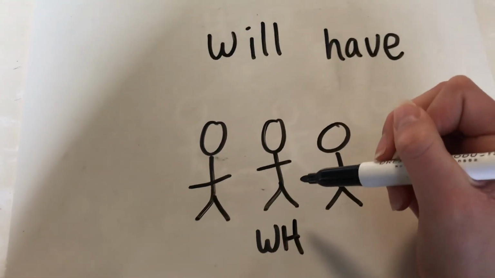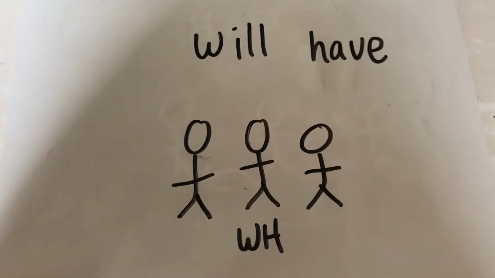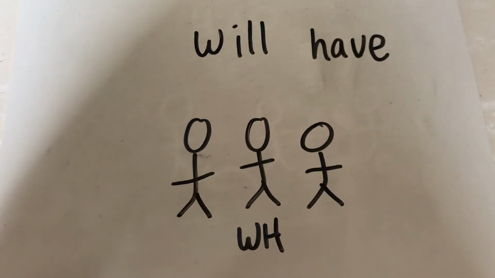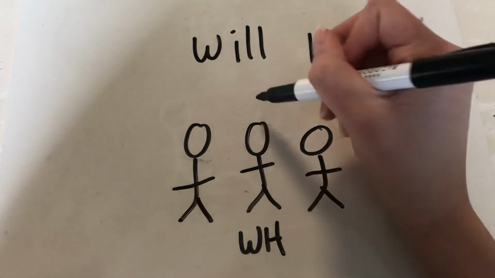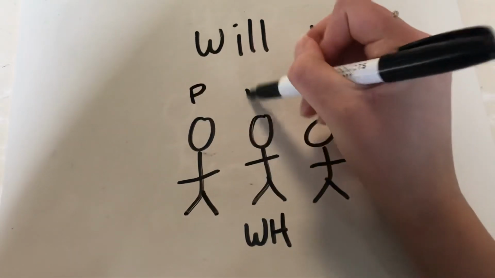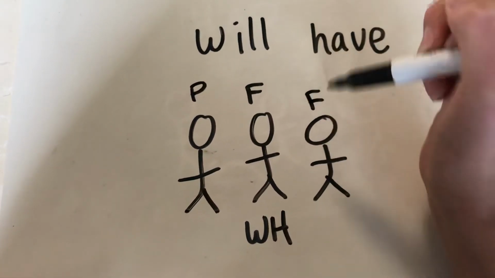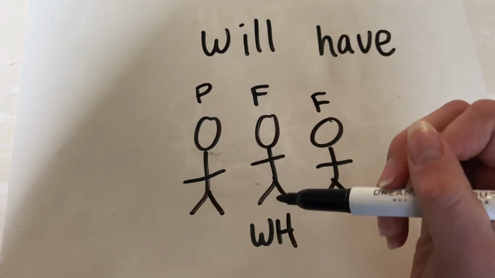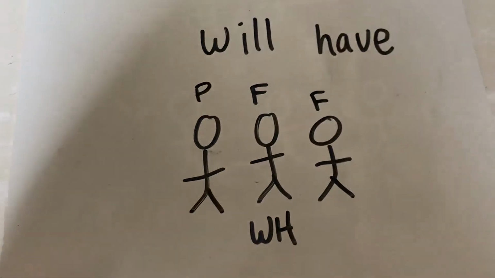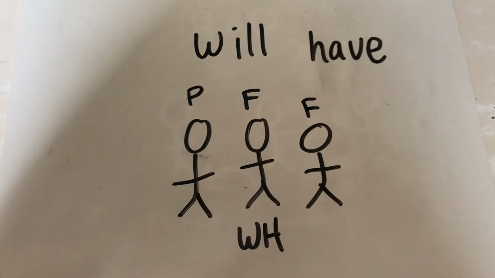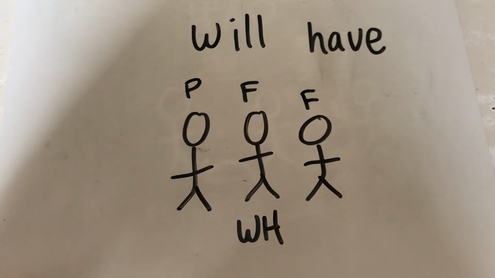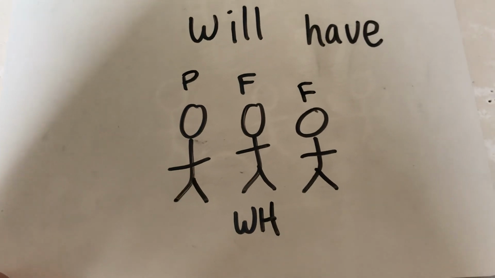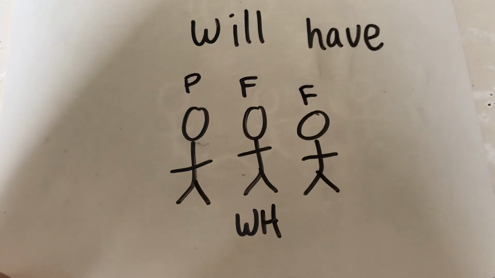This is a future action, completed prior to or before another future action. So if this is the present and both of these are future actions, right here we have a future action completed prior to or before another future action. I will have emptied the dishwasher before I eat dinner. Before I will eat dinner.